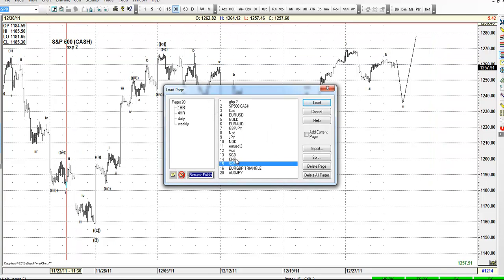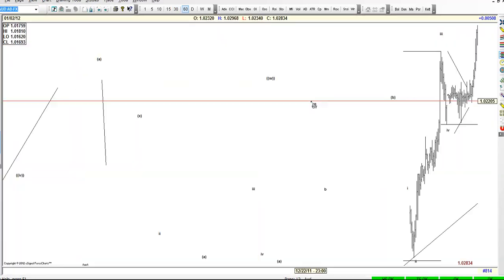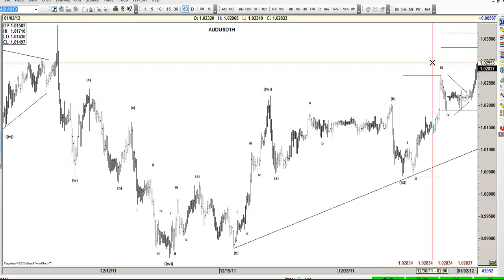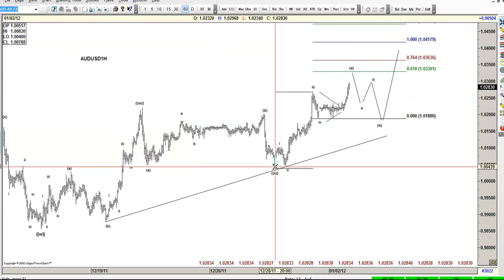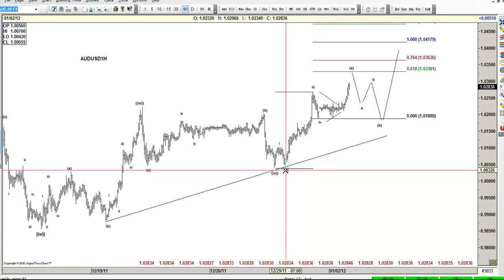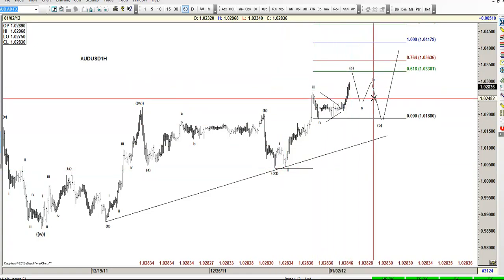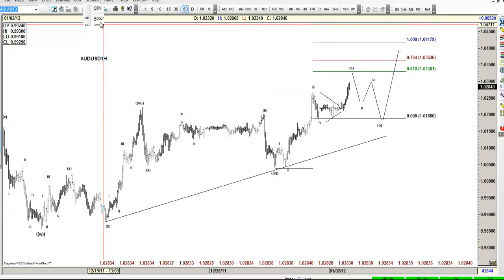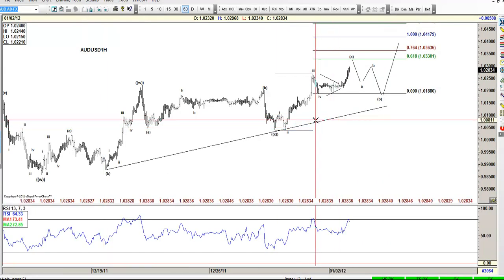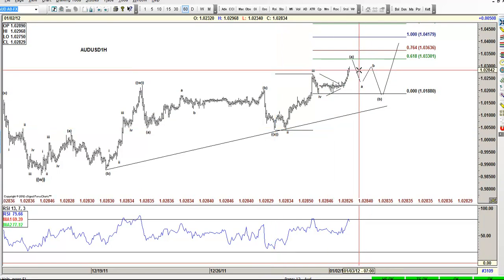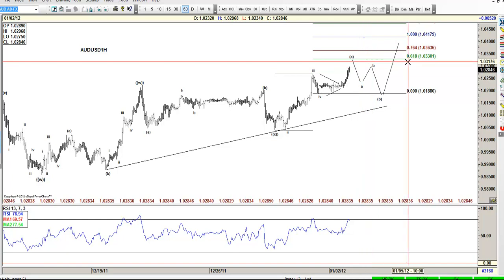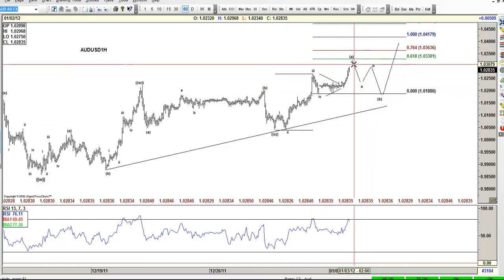Now, if we take a look at pairs like the Aussie dollar, what do we have? We have a pair that looks like it's ending a 5-wave move from here, making the case that 5 waves from there we're going to be able to see some type of US dollar strength. If we take a look at the RSI, it is showing a divergence in this low with a target of 103.30, I believe, which should be the target at 618 or 123.